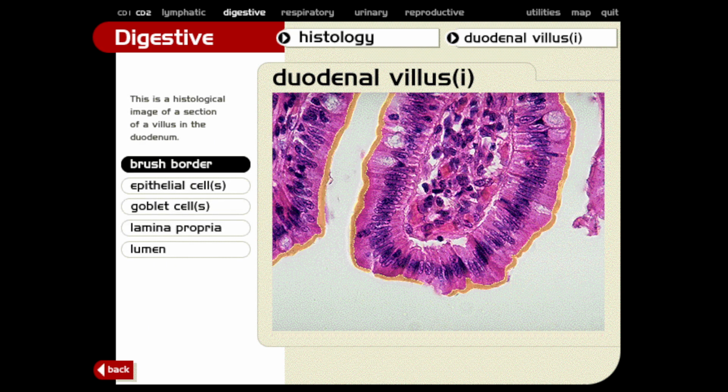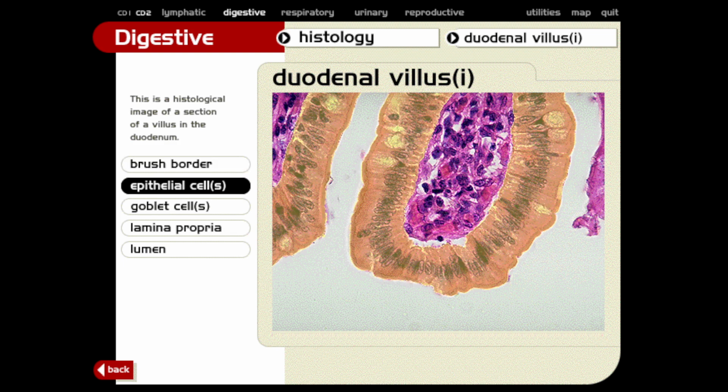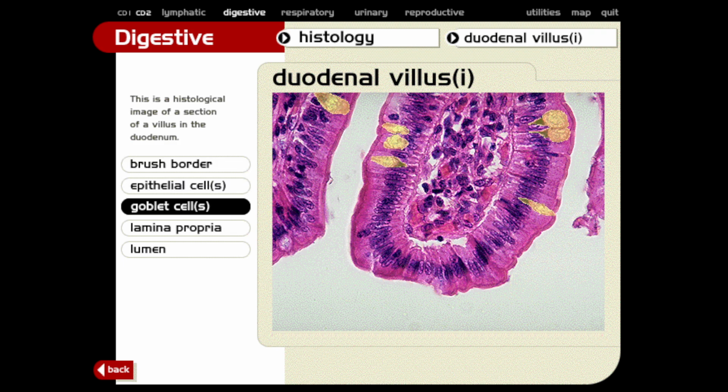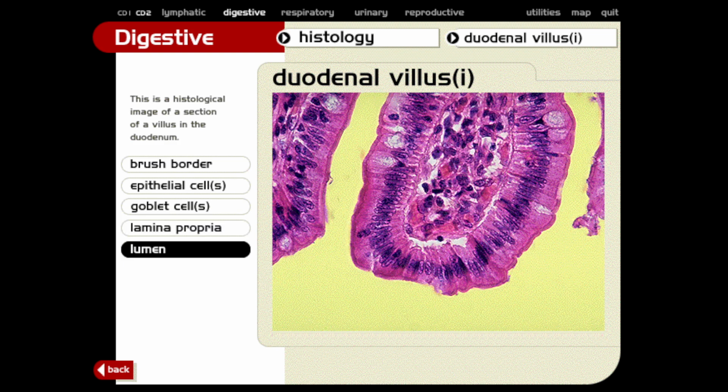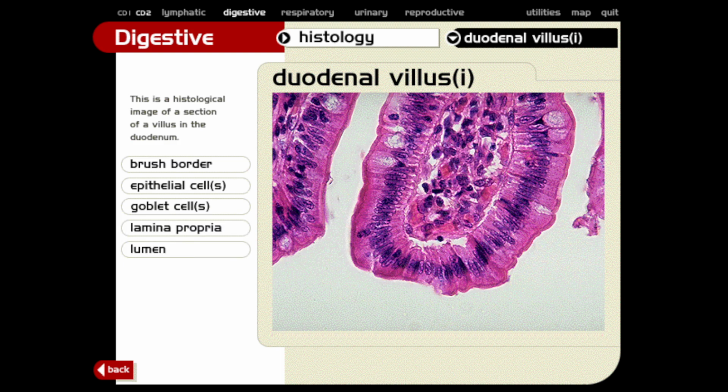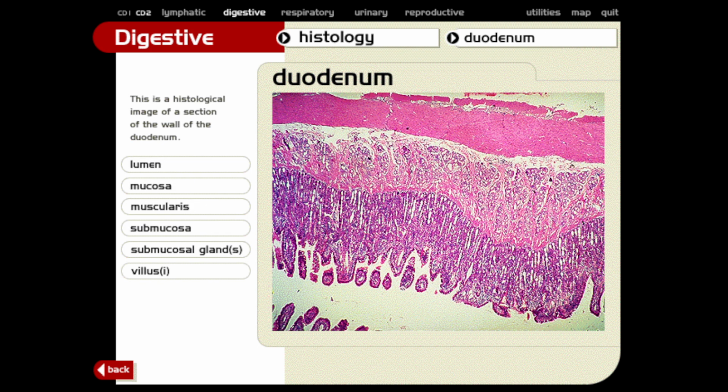This is a histological image of a section of a villus in the duodenum. This is a histological image of a section of the wall of the duodenum.